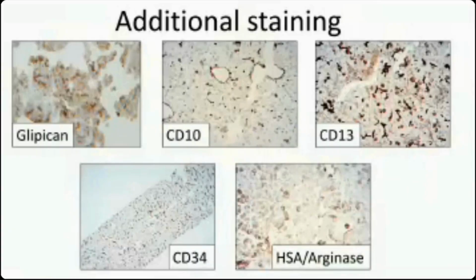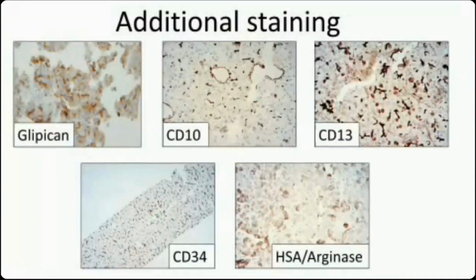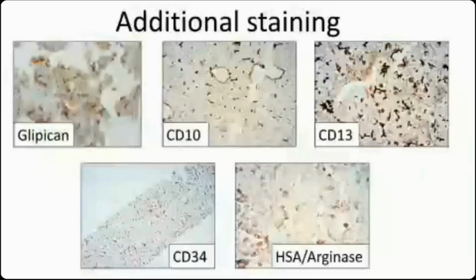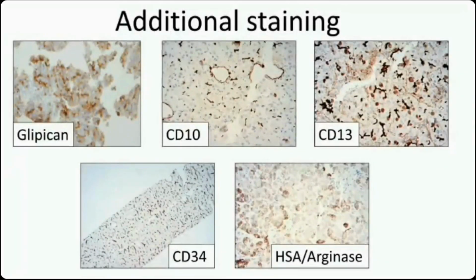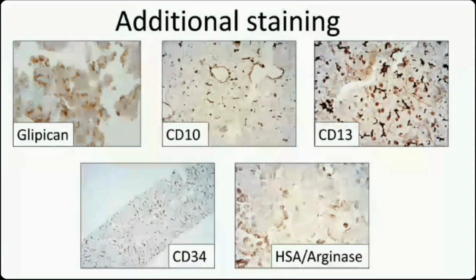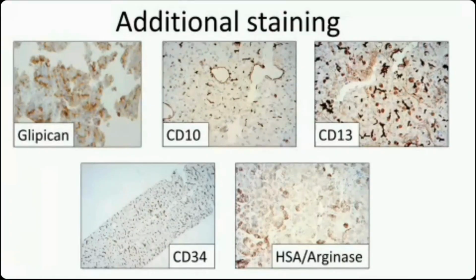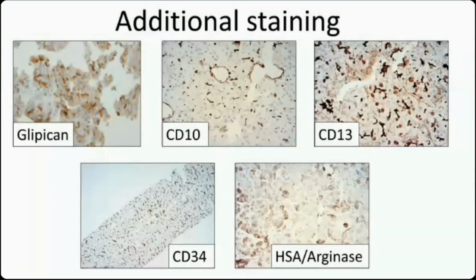You can also use polyclonal CEA and bile salt export pump staining. I don't use it, so I'm very bad at this terminology. You could use CD34 and you'd probably get diffuse sinusoidal positivity. And if you wanted to know it's definitely liver, you could use arginase or HSA or HepPar1 to show that it's liver. But we don't need that in this case because we had all the information just on the H&E and the retic.